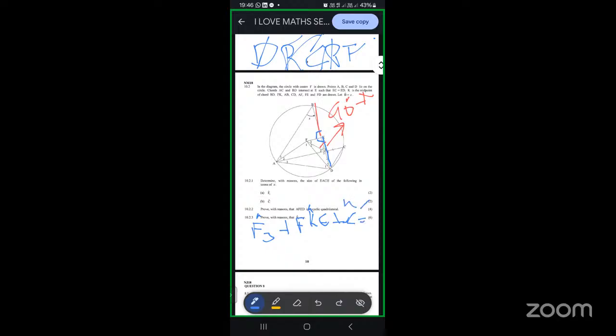Okay, F3 is the one that we are looking for. And then FKE is 90 degrees plus angle E1, which is 90 degrees minus x, is equal to 180 degrees.